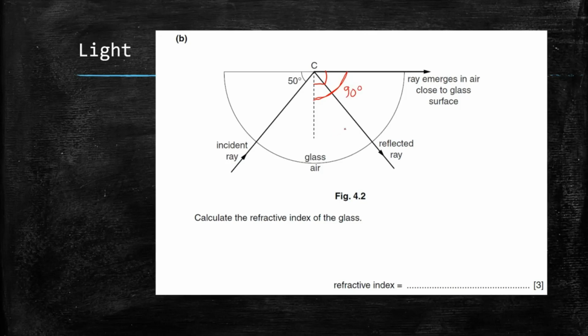If the angle of refraction equals 90 degrees, then the angle of incidence, this one, is the critical angle. Once again, if the angle of refraction is 90 degrees, then the angle of incidence is the critical angle. The angle of incidence is formed by the incident ray and the normal.